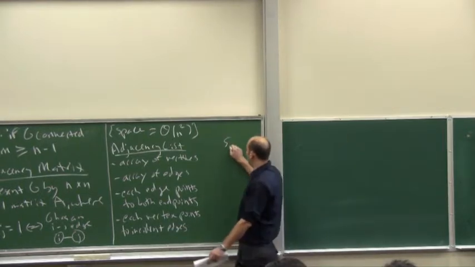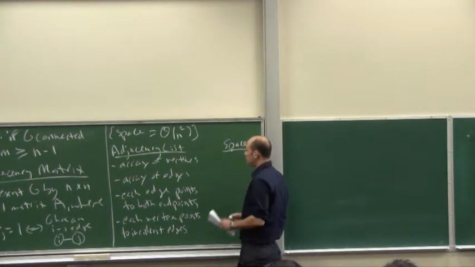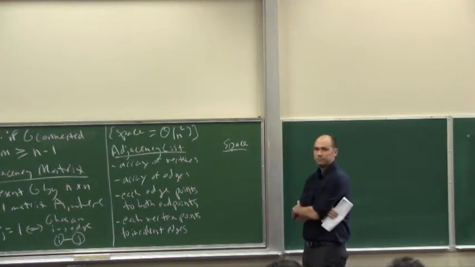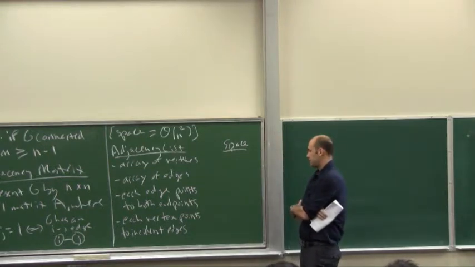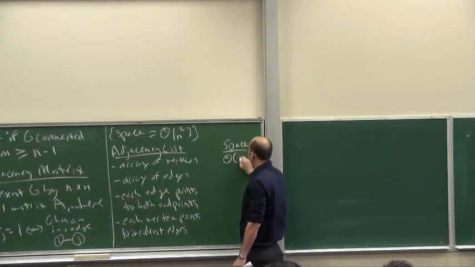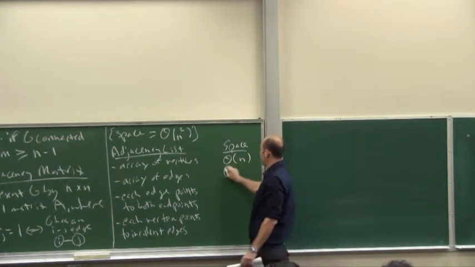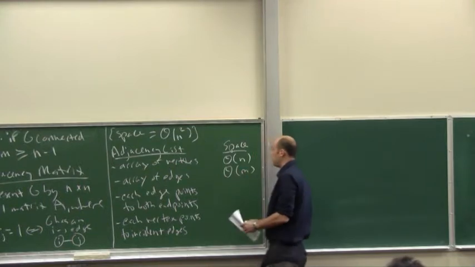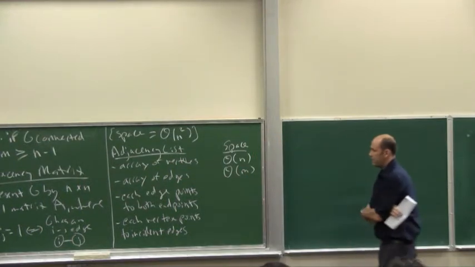So let's do a space analysis here. Array of vertices. How much is that going to take? Right, theta of n, almost by definition. Similarly, the array of edges is going to be theta of m, the number of edges.